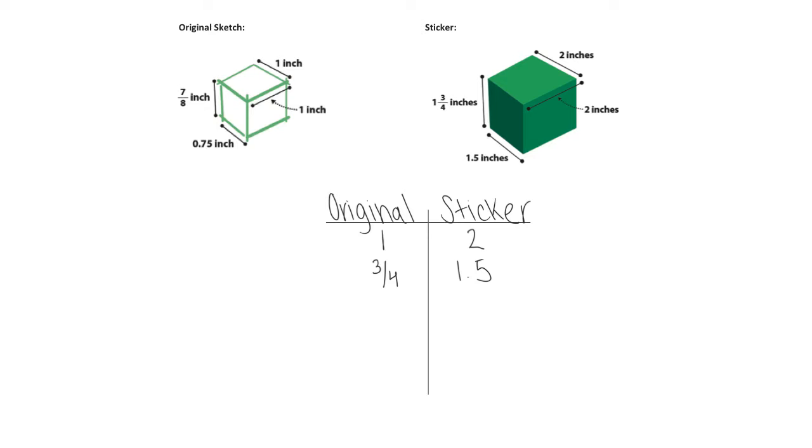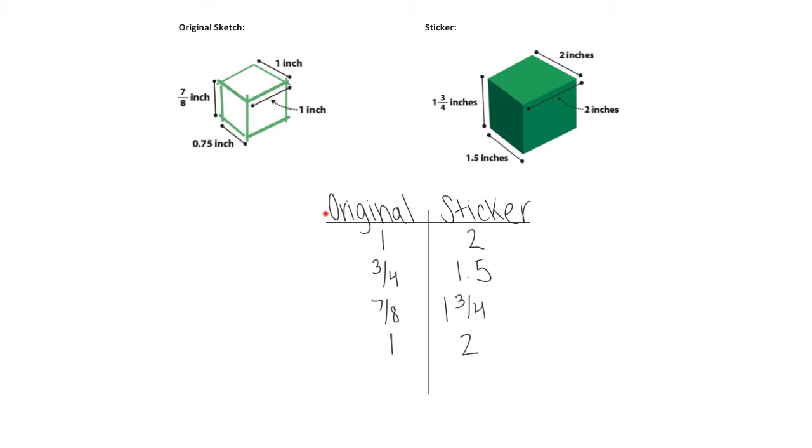Let's look at our measurement of 7/8. We have 7/8 here for the original and 1 3/4 for the sticker. In our last measurement, we have 1 inch here and 2 inches here. So 1 for the original and 2 for the sticker.